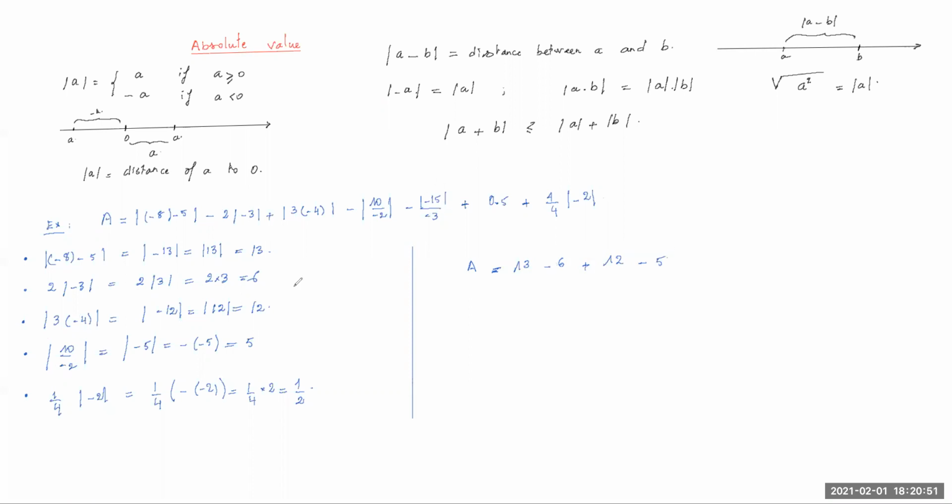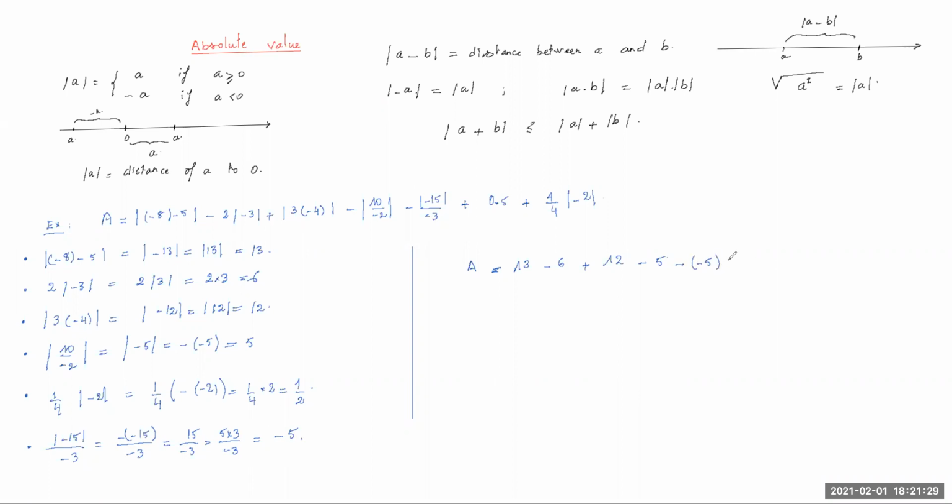I skipped this value: the absolute value of minus 15 over minus 3. The numerator gives minus of minus 15 over minus 3, which is 5 times 3 over minus 3. We can simplify by 3 and get minus 5. So it will be minus of minus 5.